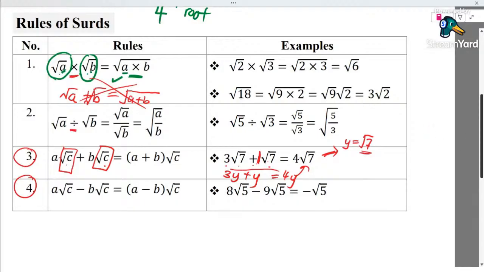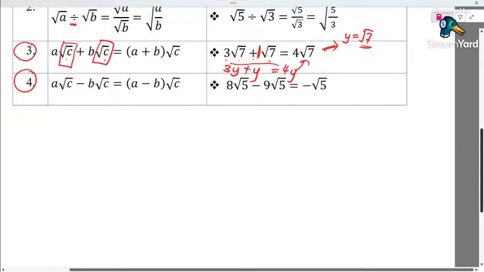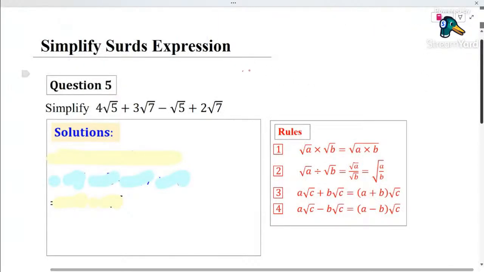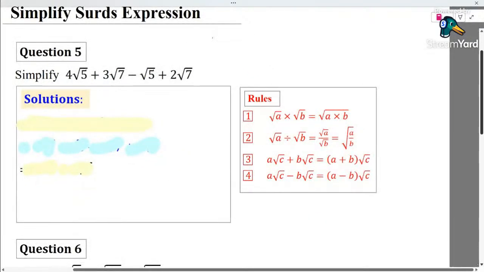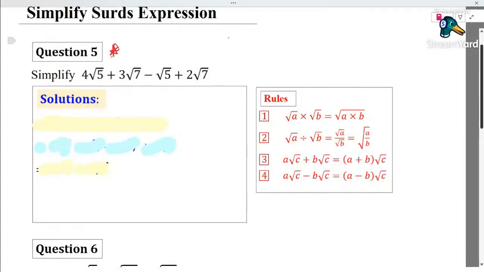Okay. Then we will go on. For surds, there is nothing much in the rules. Let us go directly to simplifying the expression. Again, I summarize the rules at the side here for us to refer to and apply. The first question here is about the operation of plus and minus for surds. Listen carefully.